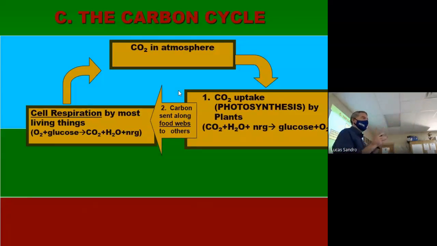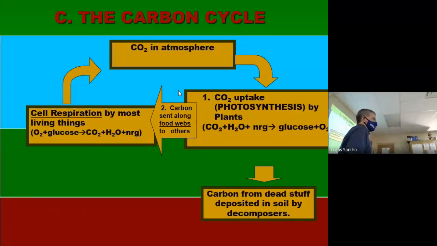Bacteria chop off the nitrogen and put it back into the atmosphere. And some of the carbon goes back too. Of course, some of it gets eaten by other organisms, but some of it doesn't. Some of it gets deposited in the soil by the decomposers. And that stuff builds up.